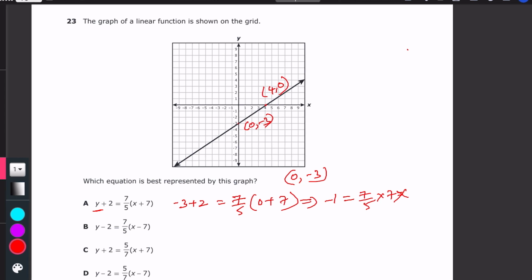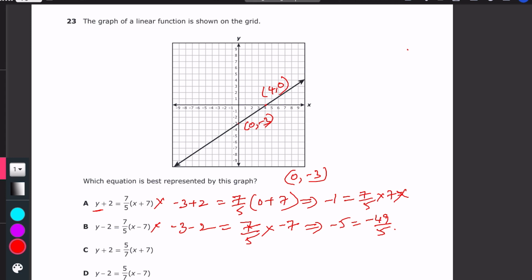Therefore this can be ruled out. Next, the second one, taking y as minus 3: minus 3 minus 2 is equal to 7 by 5 into 0 minus 7, which implies minus 5 is equal to minus 49 by 5. But here you are getting a very large value, nearly equal to 10. So this is also not correct.